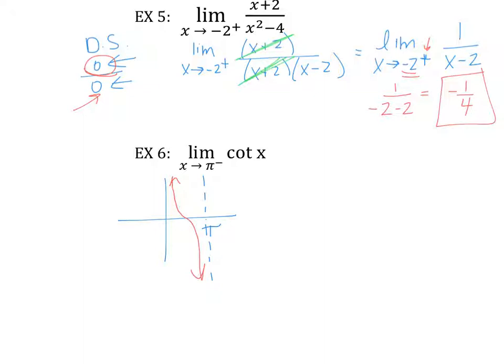So if you know that graph, this is a very easy question because it's asking me when I approach pi from the left, I'm looking at this left arrow. Well, where is that dude headed? He's headed down to negative infinity, and that's my answer.